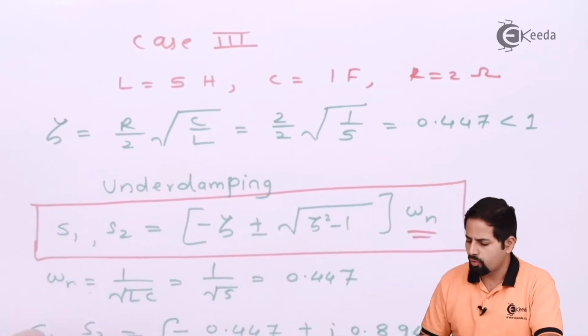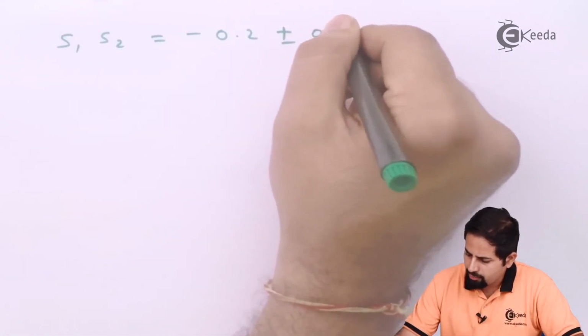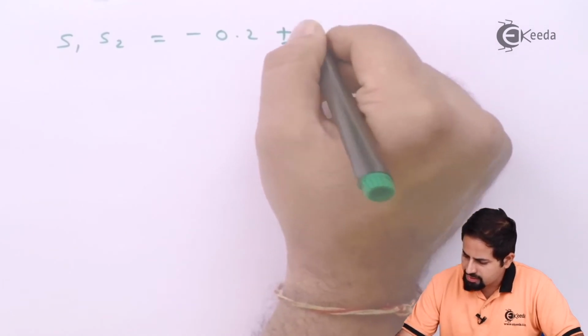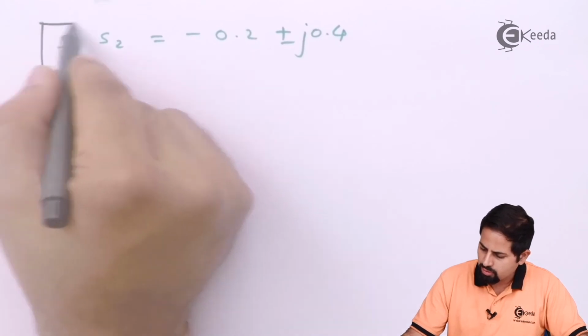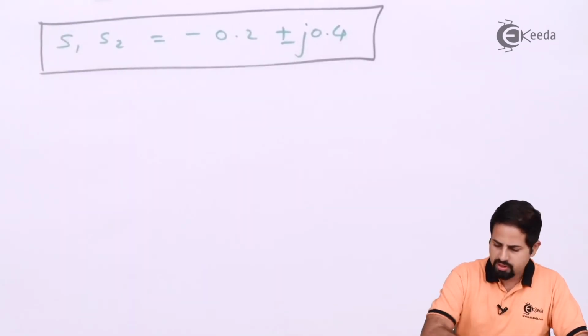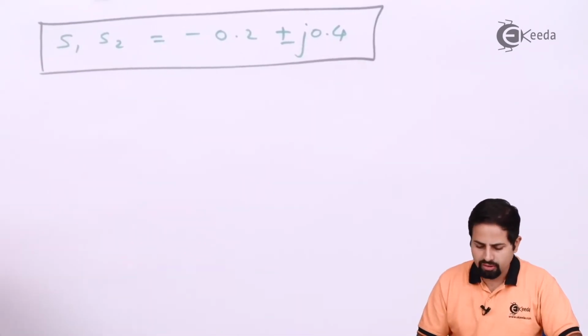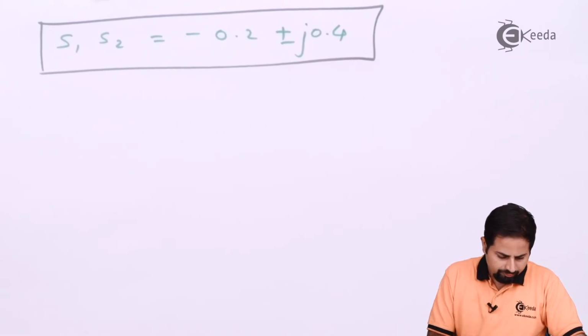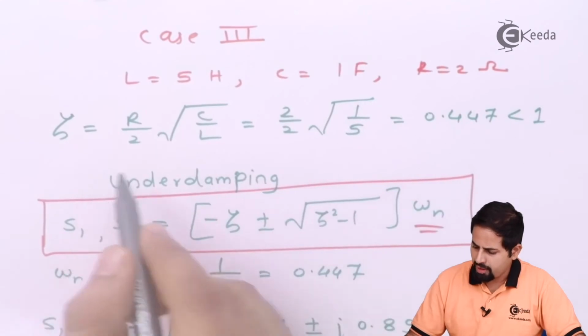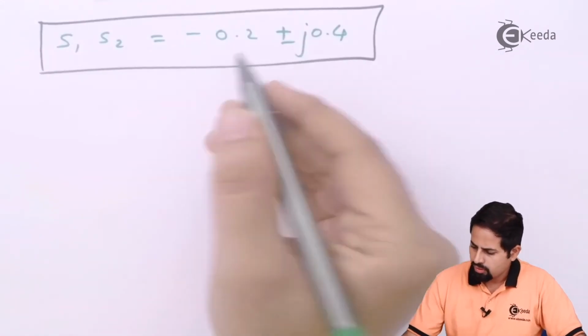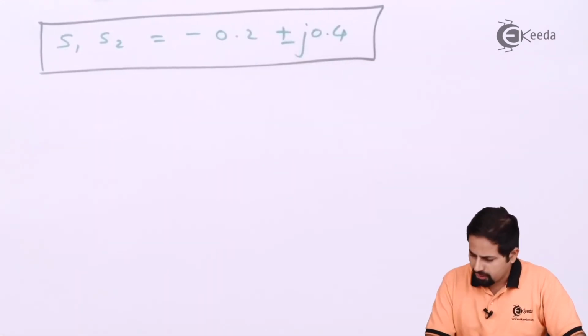We can take it as 0.4. Don't forget this j. So these are now our roots finally, S1 and S2. So we have two distinct roots which are complex conjugates of each other, and already for this case we know that zeta is less than 1, meaning it is the underdamping case. So it is quite true and we are on the right path.